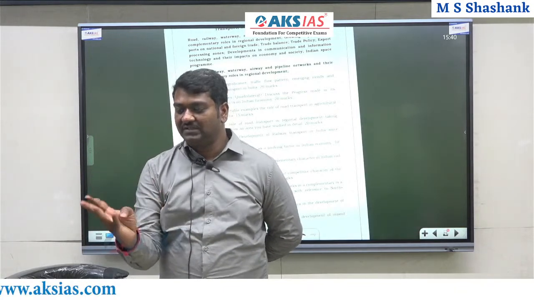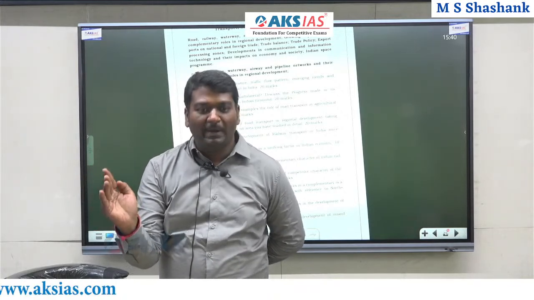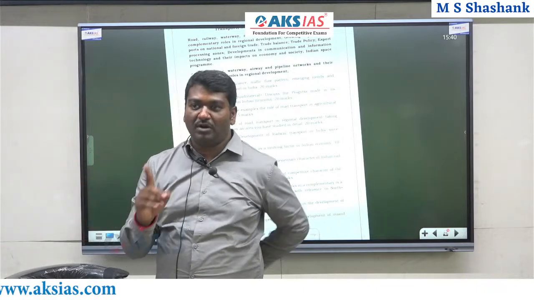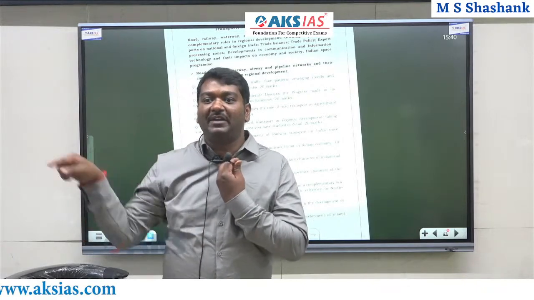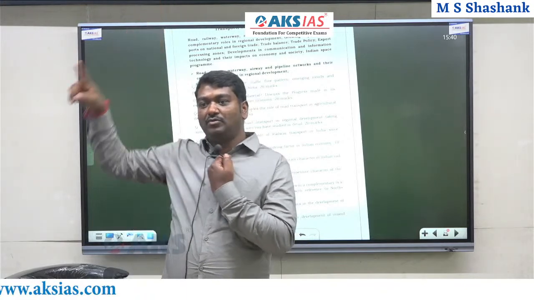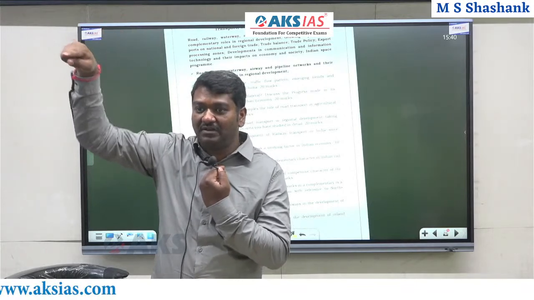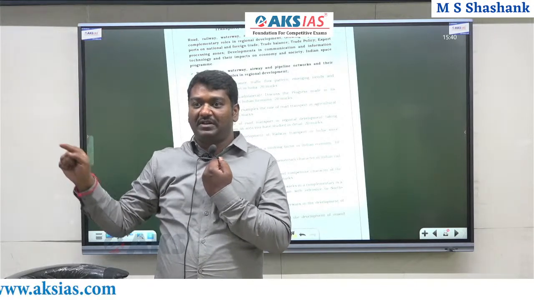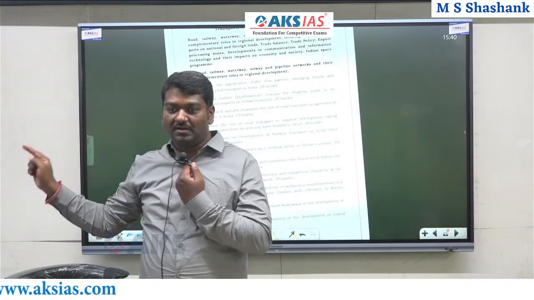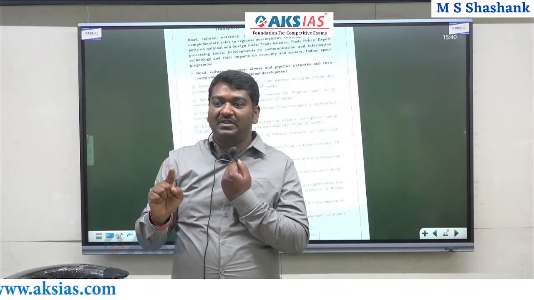Which are the 6? Delhi, Gujarat, Mumbai, Bengaluru, Chennai, Kolkata, Chota Nagpur. Now, which cities am I connecting with the Golden Quadrilateral? Delhi to Kolkata. If I connect, I am connecting Delhi industrial region with Chota Nagpur industrial region with Kolkata industrial region. If I connect Delhi to Mumbai, I am connecting which industrial regions?